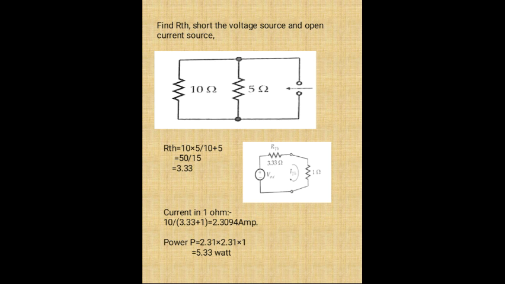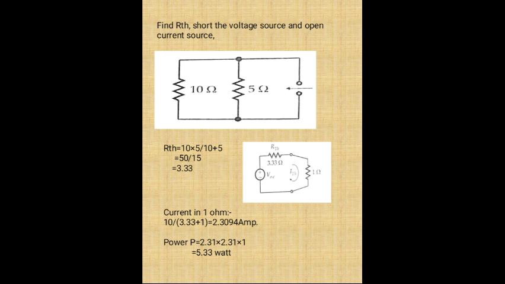Now to calculate the value of power in 1 ohm resistance, we will find current in this branch. So applying KVL, the value of current in 1 ohm resistance is 10 upon total resistance, that is 3.33 plus 1 ohm. So the value of current is 2.3094 ampere.